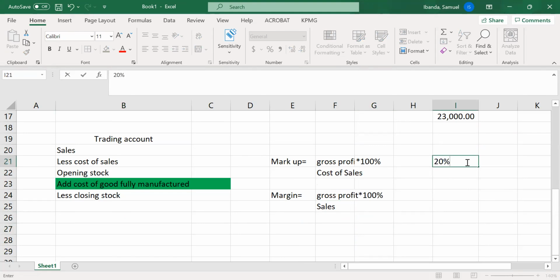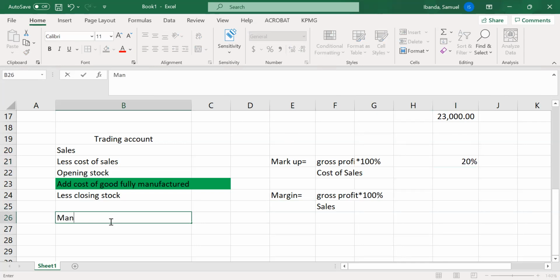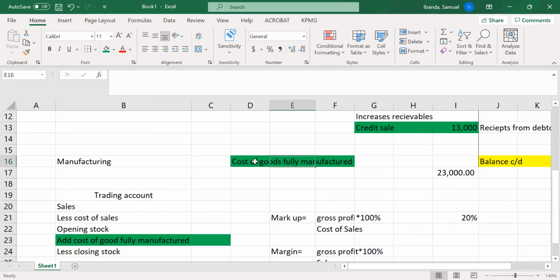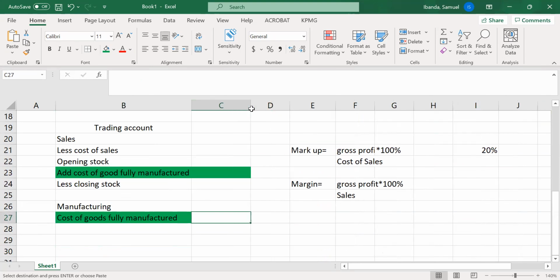okay? So it means that after getting from your manufacturing account, after getting that so-called cost of goods fully manufactured as it is here, you would then add a markup. Because for example, if you have, let's say, cost of goods fully manufactured, let's use an example of 12,000.